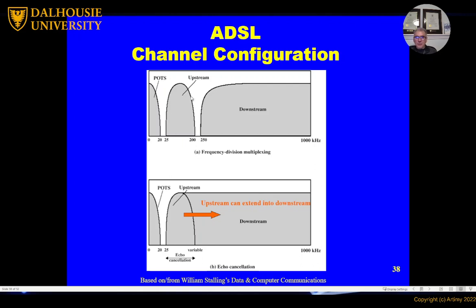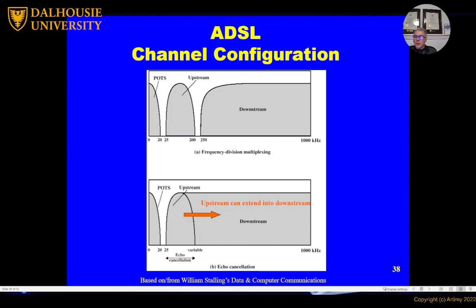So this is the traffic that goes from the user to the internet. And this is for the downstream, coming from the internet to the user. And you notice here that the downstream channel has more bandwidth than the upstream.